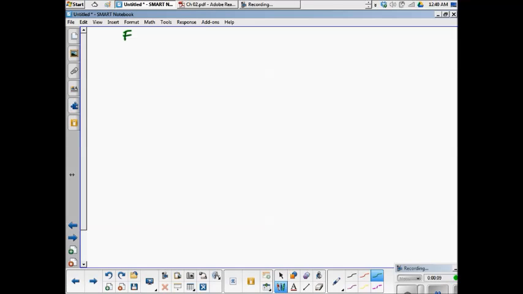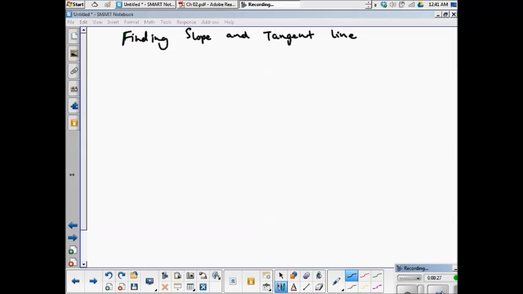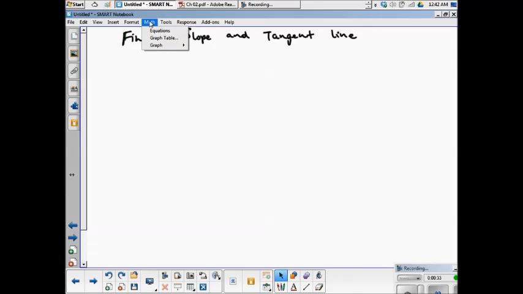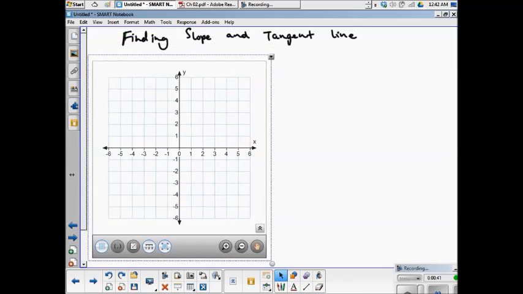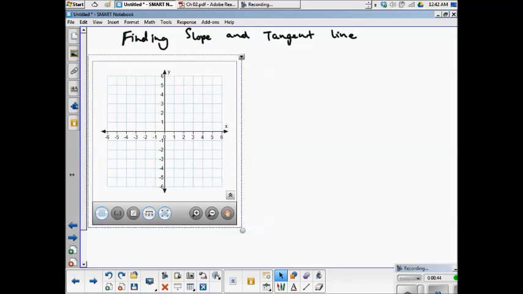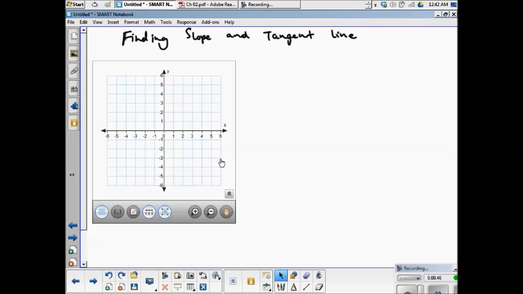Finding the slope and tangent line. We're going to go ahead and insert a graph here of a parabola.